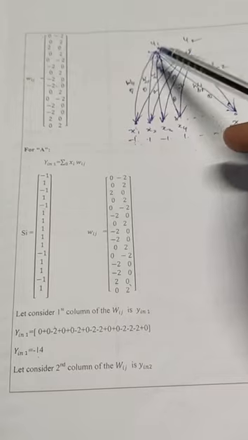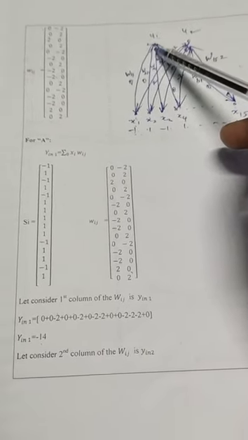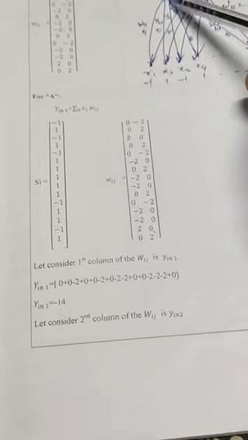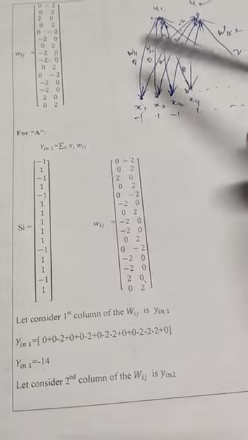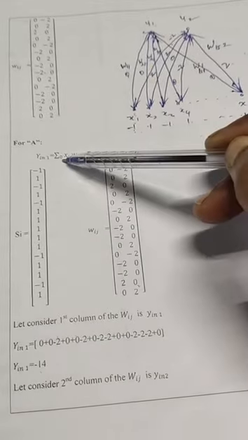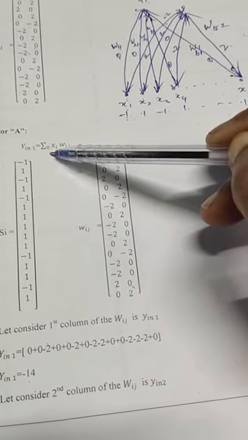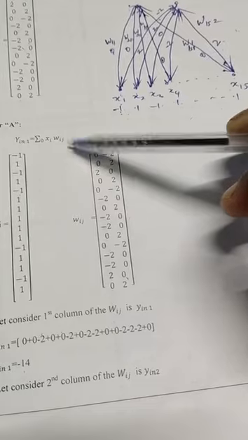To calculate the output, first we have to calculate the net input of output neuron 1. You calculate the net input using this formula: Yin1 is equal to the summation over all values of i of xi wij.